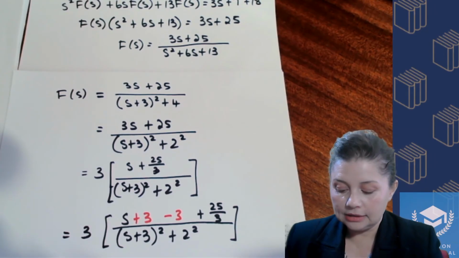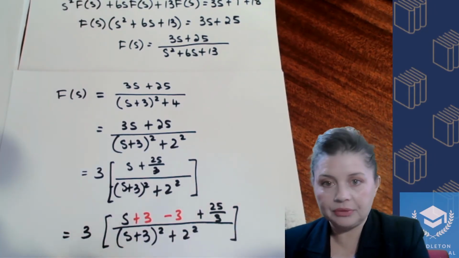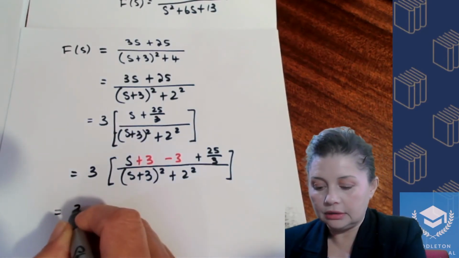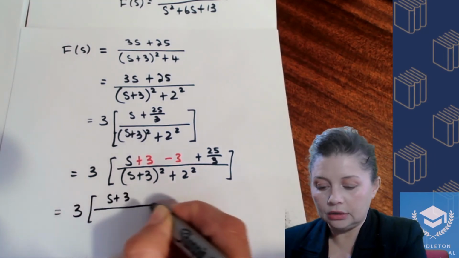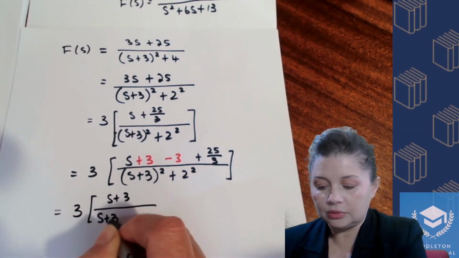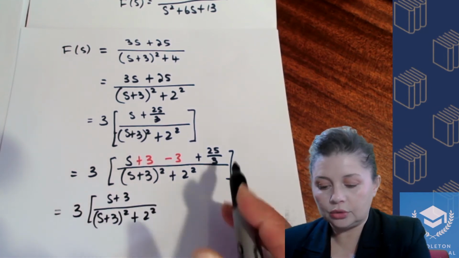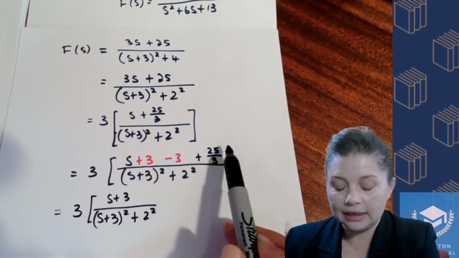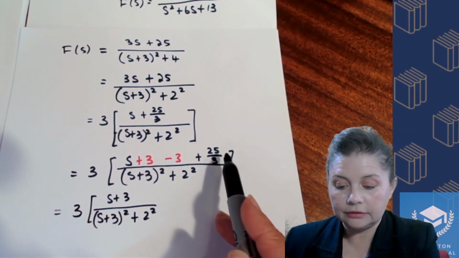Okay, so I can then split these terms up. So then I can say this is going to be 3 (s plus 3) over (s plus 3) squared plus 2 squared, and this is going to simplify to minus 9 plus 25, 16.